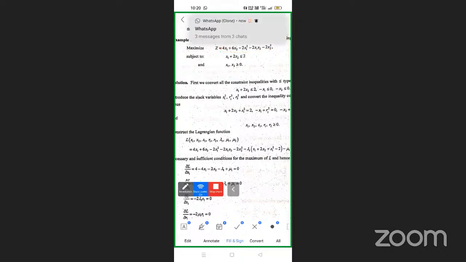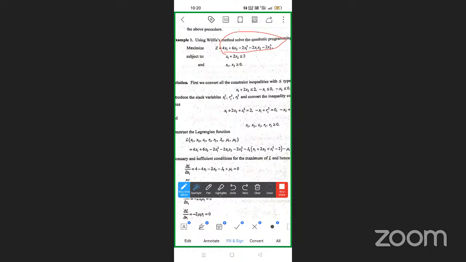So this is the first one. In L, L is equal to this first one. Next, minus lambda 1. Lambda 1 is nothing but the first equation.